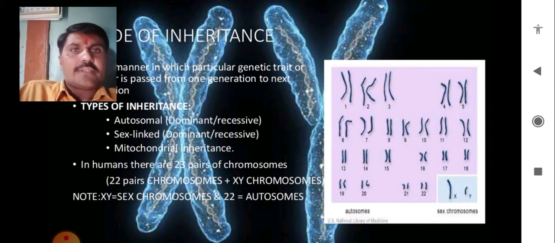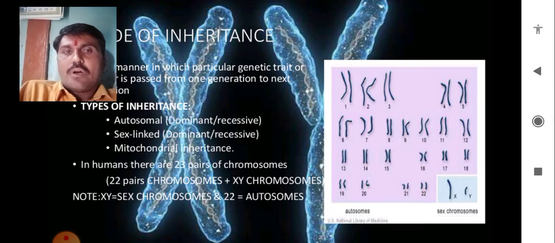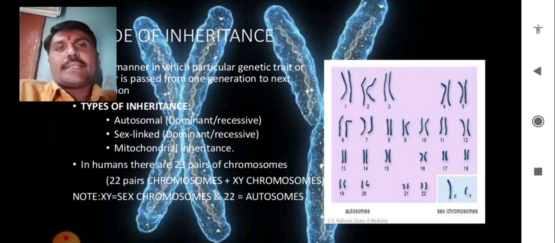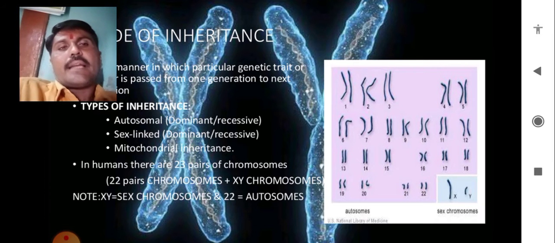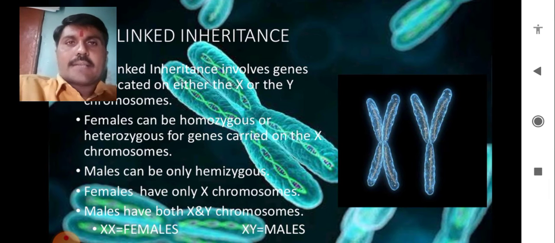Sometimes there is mitochondrial inheritance too. Of these 23 chromosomes, X and Y are the sex chromosomes, and 22 are the autosomes.